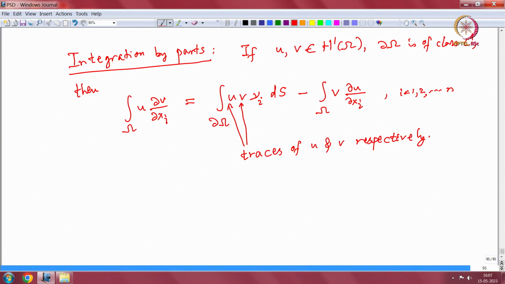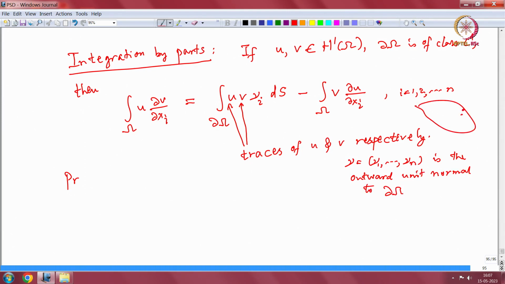For the proof: nu, equal to nu 1 through nu n, is the outward unit normal to the boundary. Here is the boundary, and at the boundary point x this is nu. It changes with the point.